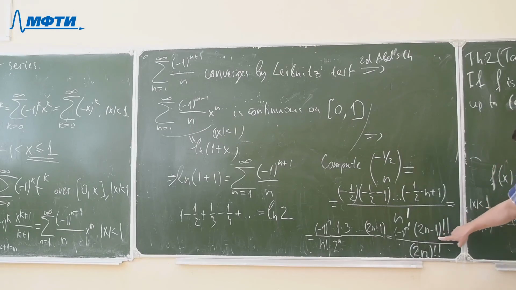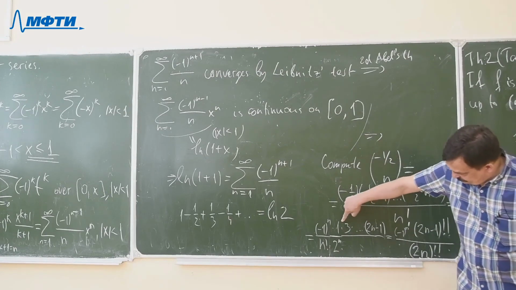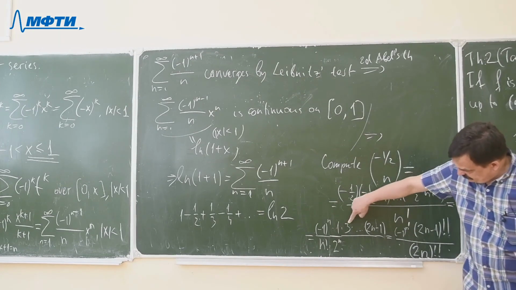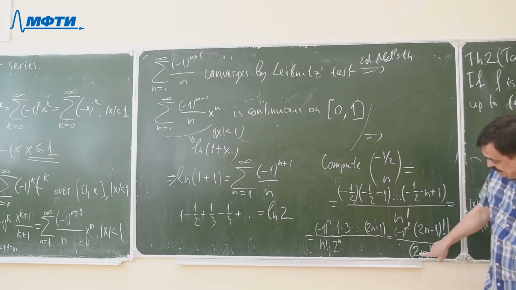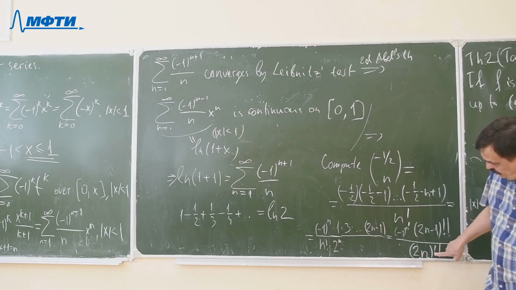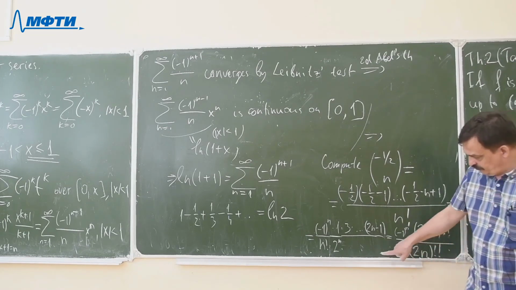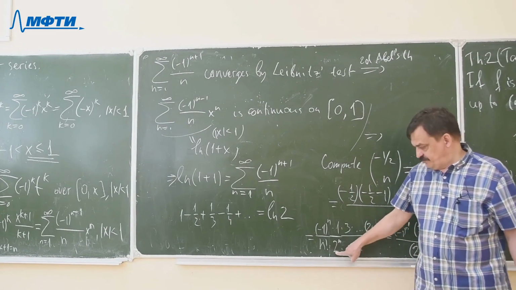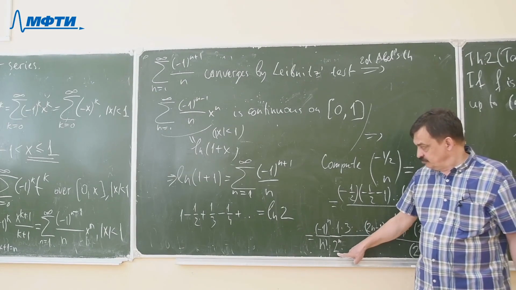The double factorial of an odd number is the product of all natural odd numbers up to that number. Analogously, the double factorial of an even natural number is the product of all even natural numbers. Because look, what is n factorial times 2 to the power n?